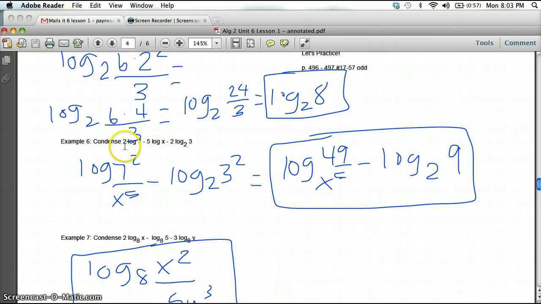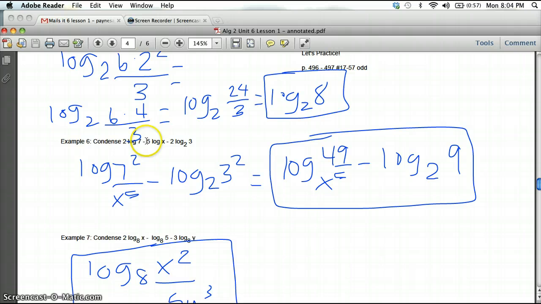Now here, again, we actually only have 2 of the same base. So here we've got log and log, but the third one is log base 2. So that's going to be off to the side. So let's do the first 2. Now remember, if there's ever a number in front of log, then that means it's an exponent. So log of 7 squared.